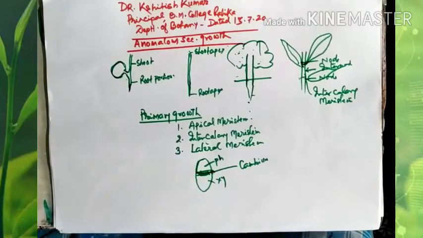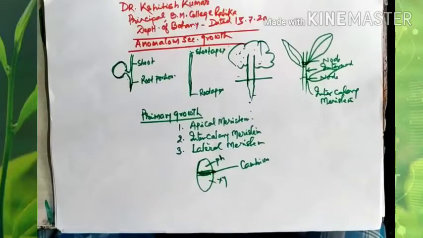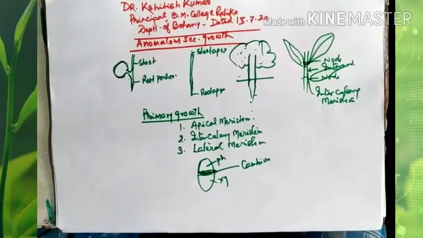The plant increases in length, it goes on increasing, and with respect to the growth in the length, there should be the growth in the girth, so that the ratio should be constant. Otherwise, the plant may fall to the ground.